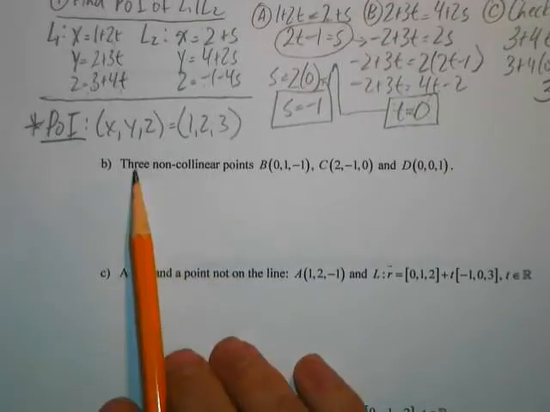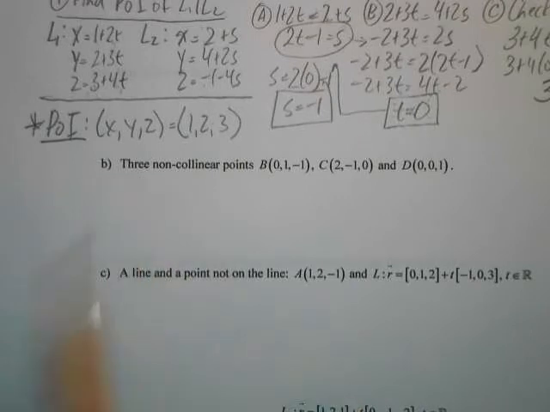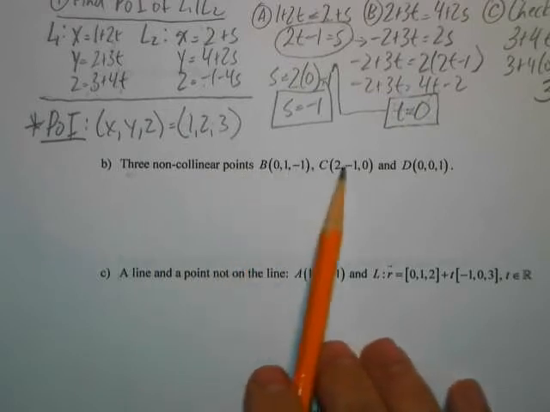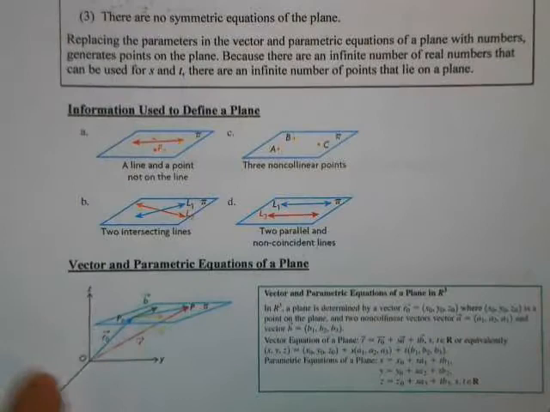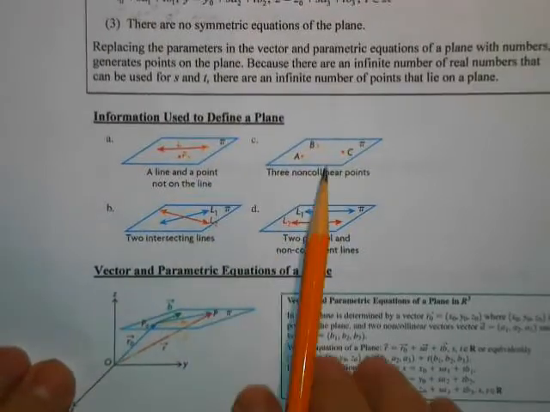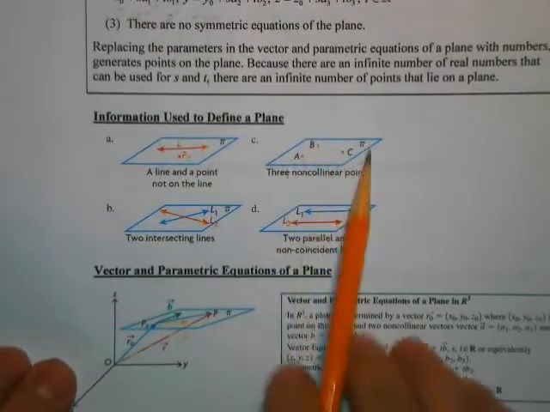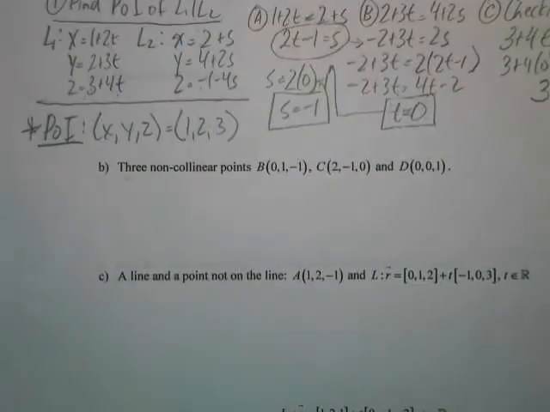Okay, the second case, it says, again, we're trying to find the equation of the plane using 3 non-collinear points. So if you go back to the first page again, that was one of the other 4 types of questions you could get, 3 non-collinear points. Okay, so this one is actually pretty quick.